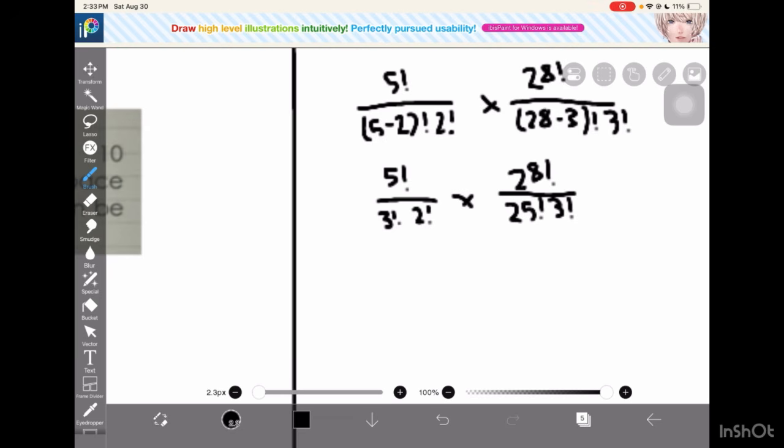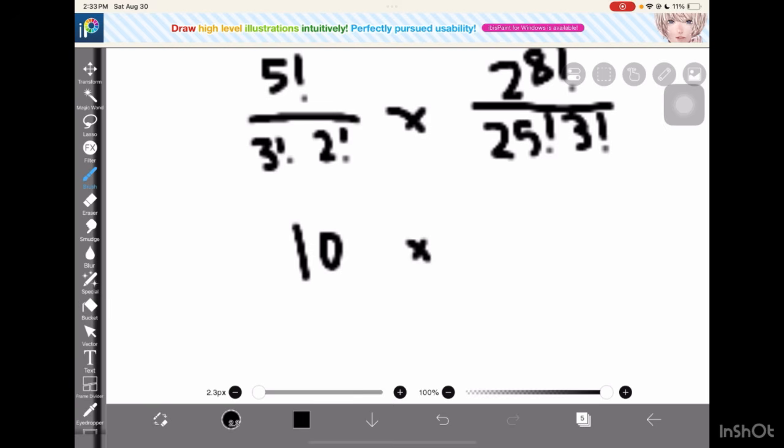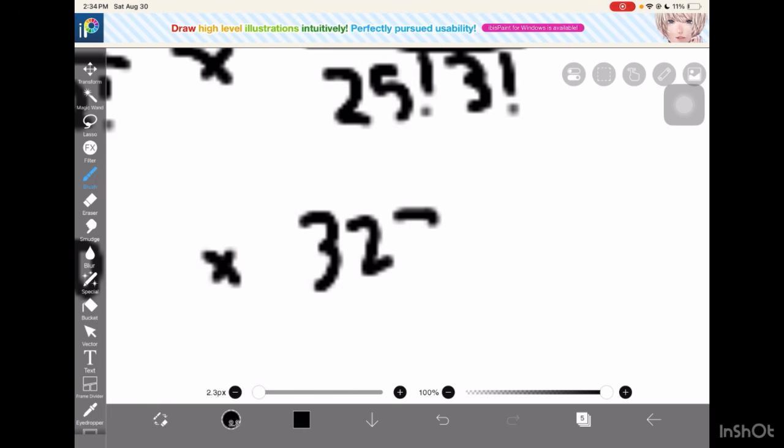Okay, 5 factorial divided by 3 factorial times 2 factorial is equal to 10, times 28 factorial divided by 25 factorial times 3 factorial, which is equal to 3,276.